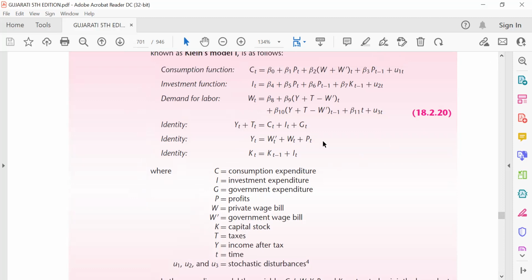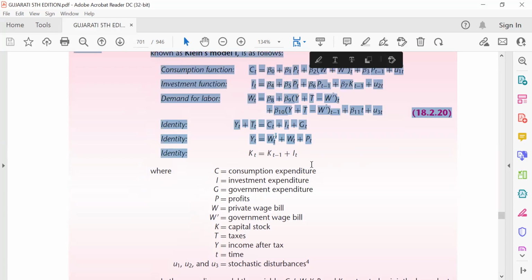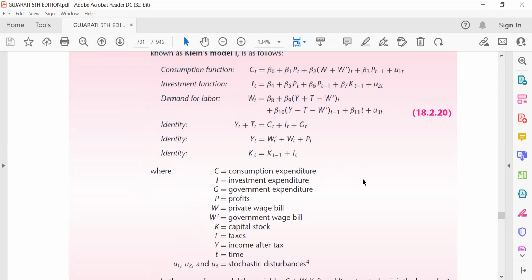This one is an identity. Okay, for the economy, the economy is in equilibrium conditions. Here we also have an identity, and here also there is an identity.